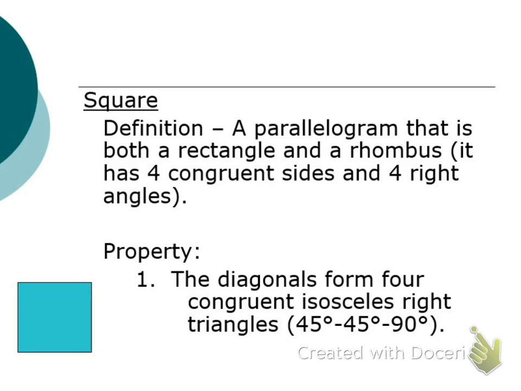Okay, so we could, in our diagram, mark all of our sides congruent with those little tick marks again. I'm only going to draw in one diagonal. If you want, you could draw in both of them. I'm just going to put one of them in. You could also put in your 90-degree angles.